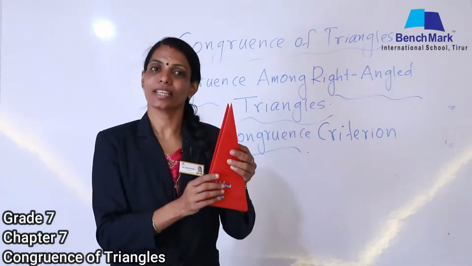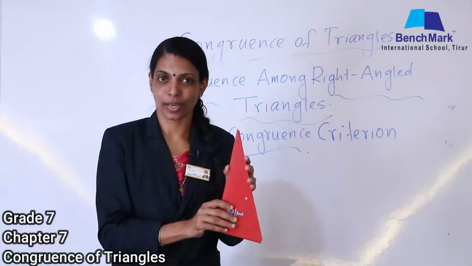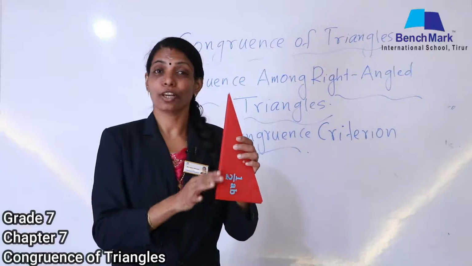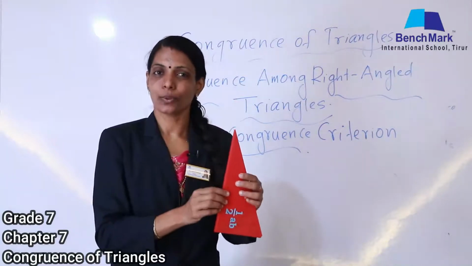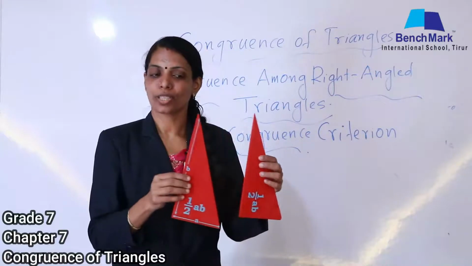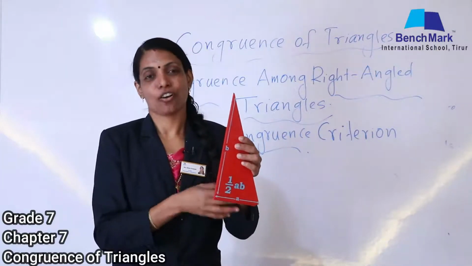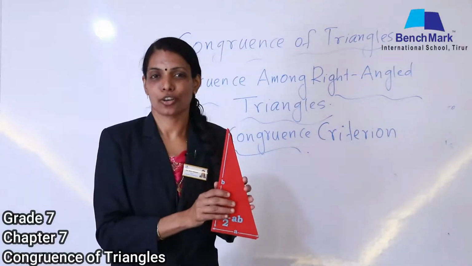So we say that two right angled triangles are said to be congruent if the hypotenuse and any one of the sides of one triangle are equal to the hypotenuse and any one of the sides of the second triangle, then they are said to be congruent.